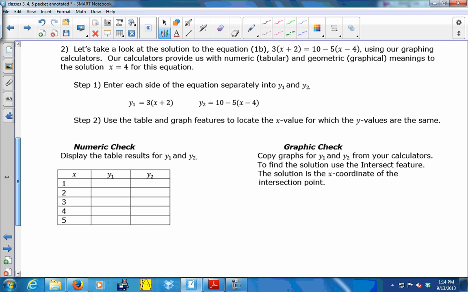All right, so I'm going to look at that other equation 1b, and we're going to try to use our graphing calculators to come up with the solution this time. So our calculators can provide us with numeric and geometric meanings to the solution. So I'm going to pull up my calculator.